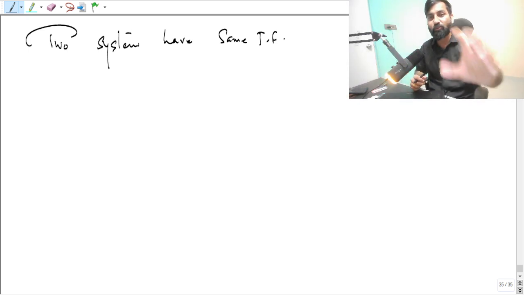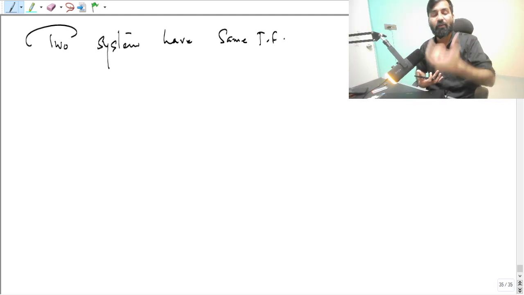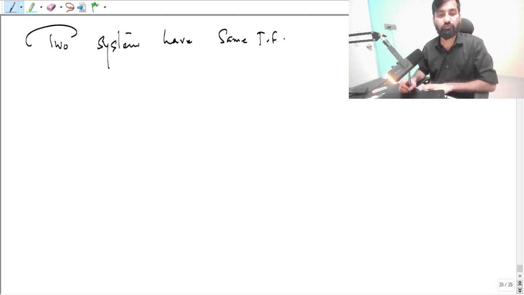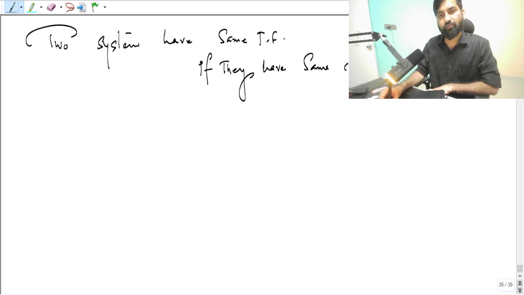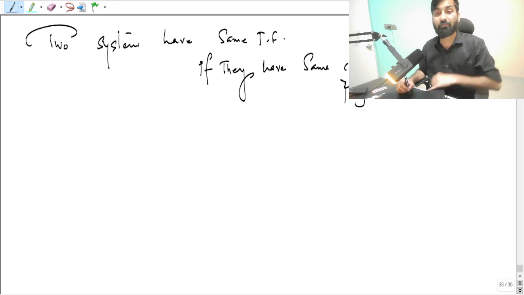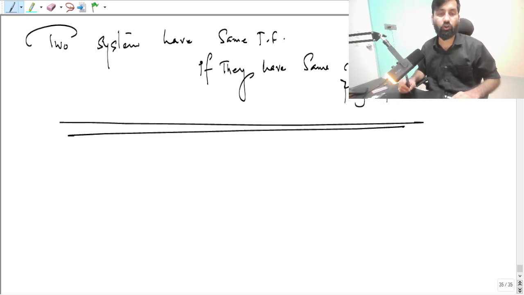But once you know this property, if you're able to recognize it, two systems have the same transfer function if they have the same characteristic polynomial for matrix A. This is a very important concept.